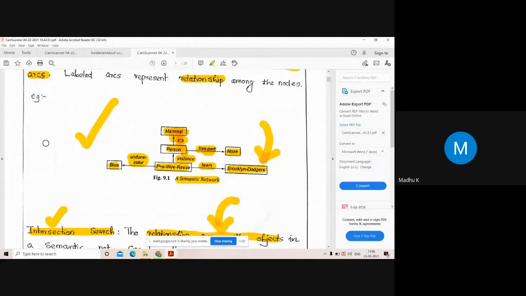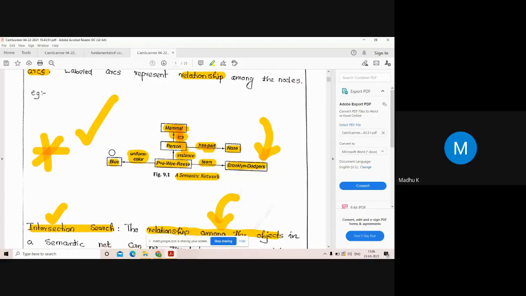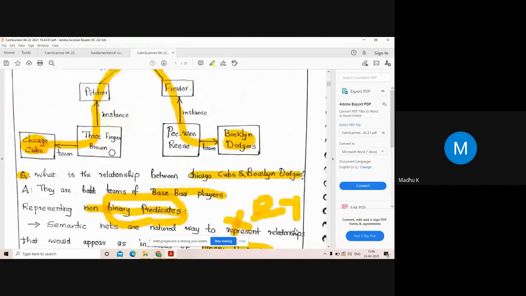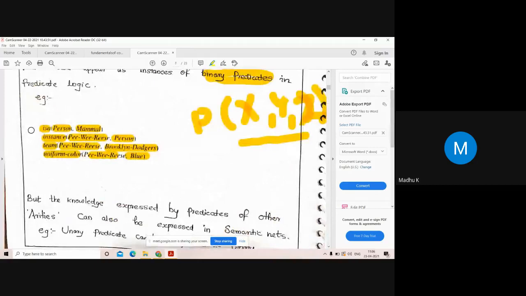This is the corresponding network of that. You can note this is the semantic network and this is the corresponding predicate logic of that semantic network. In that, all predicates are in binary form, so that is very easy to understand.